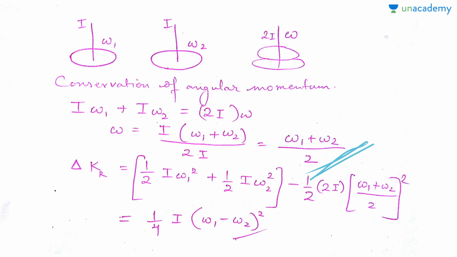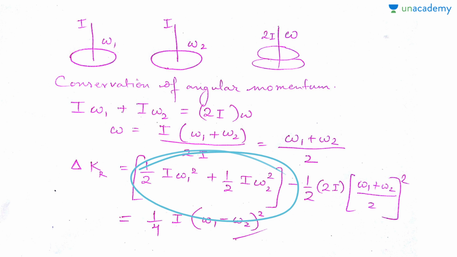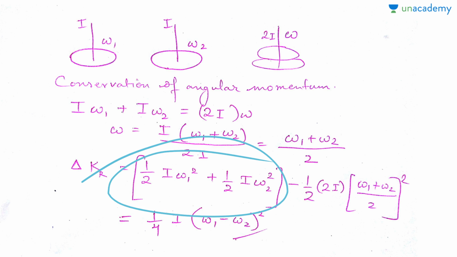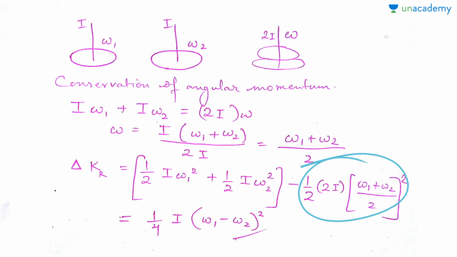Now the change in the kinetic energy will be the total loss. We will see the initial rotational kinetic energy and the final, then subtract both terms to get the loss.